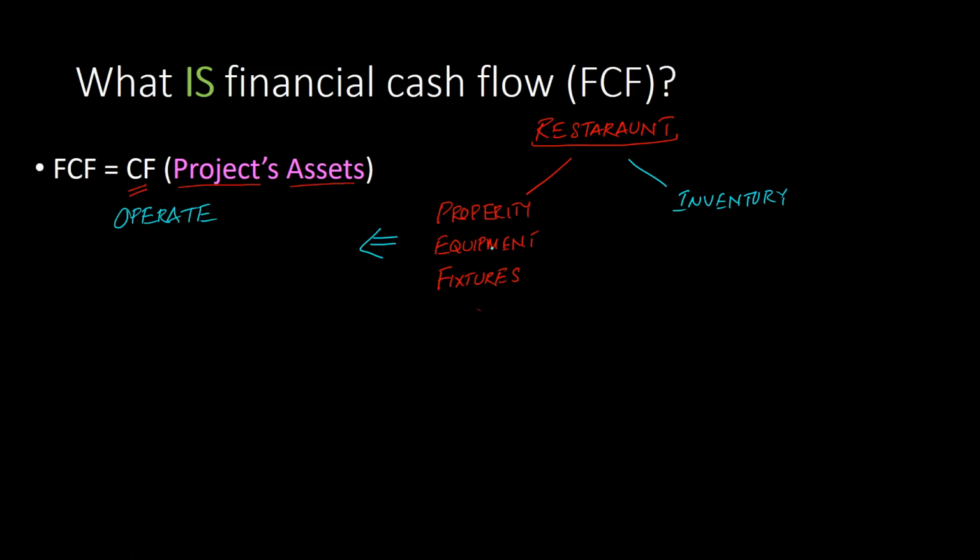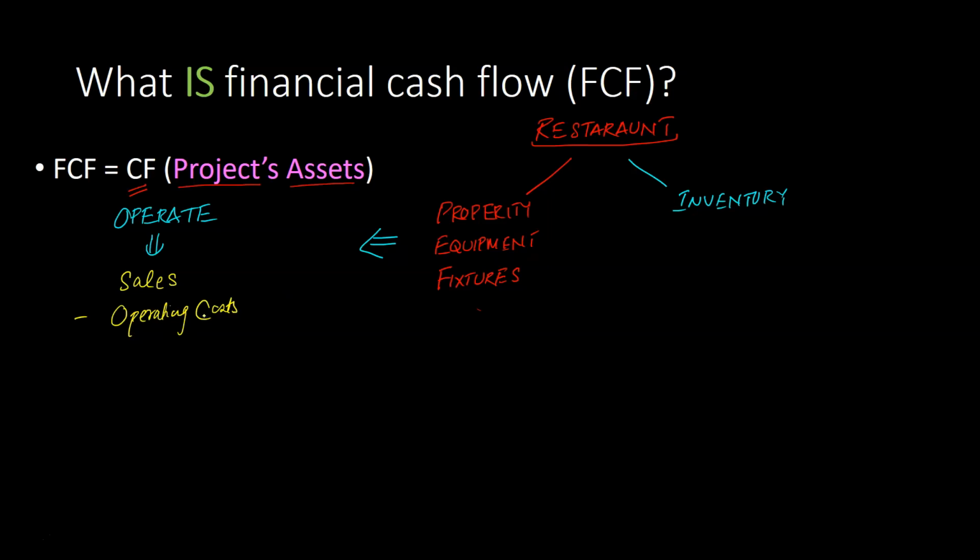You have the property, you have the equipment, you have all the fixtures, you have the inventory, start making some dishes. We're going to start generating some sales. So now all of a sudden you're going to have some operations. Now this will entail you making some sales, but then of course there will be some, call them operating costs. These are costs related to your operations. For example, you're going to be paying wages, you're going to be paying some utility bills and all of that.